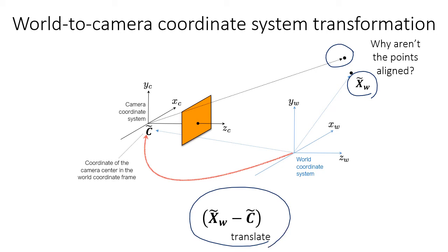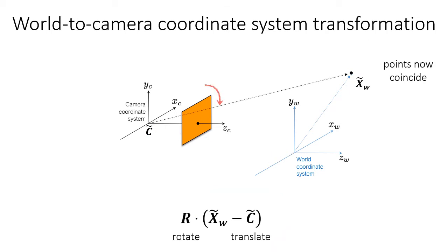So X_W tilde minus C tilde is the translation from world coordinate to camera coordinate. So why are these 2 points not aligned? It is because of rotation.